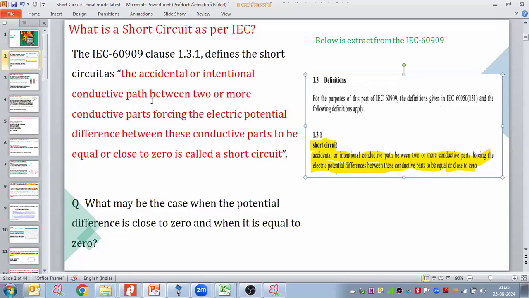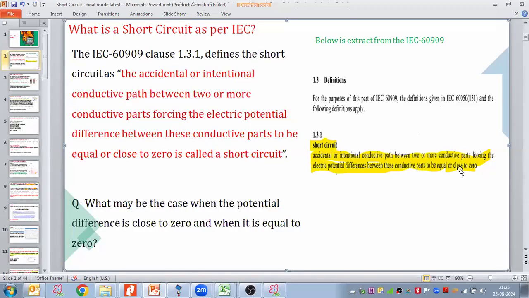Now the next question: what would be the case when the potential difference is close to zero, and what would be the case when it is equal to zero? IEC is telling two things: potential difference equal or close to zero.